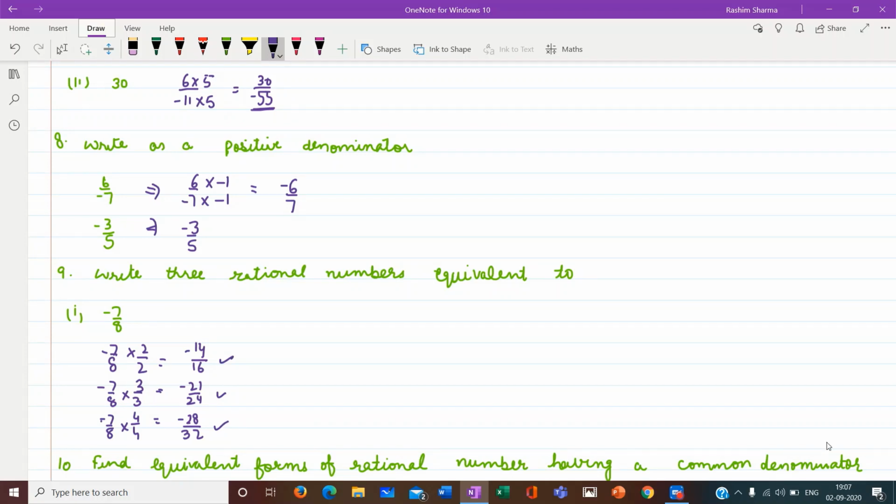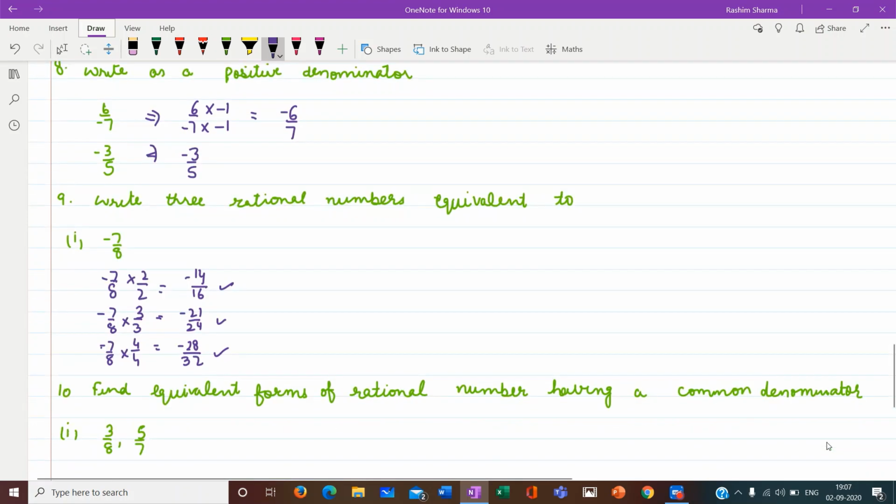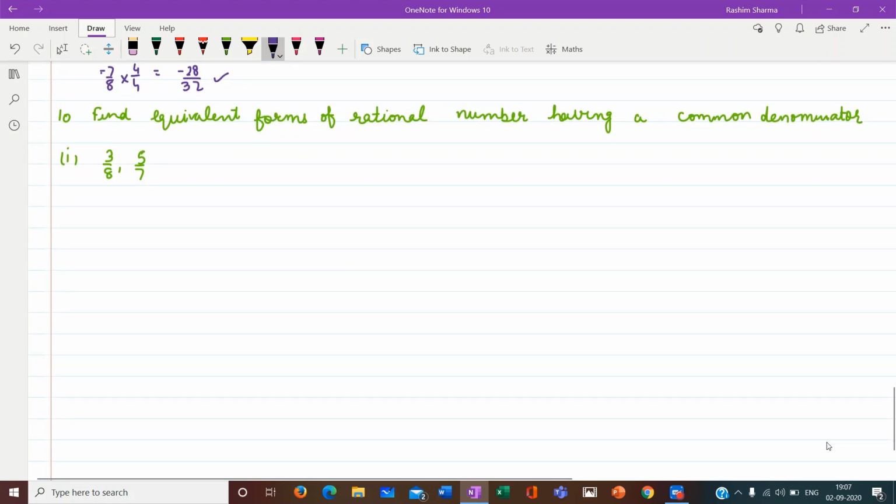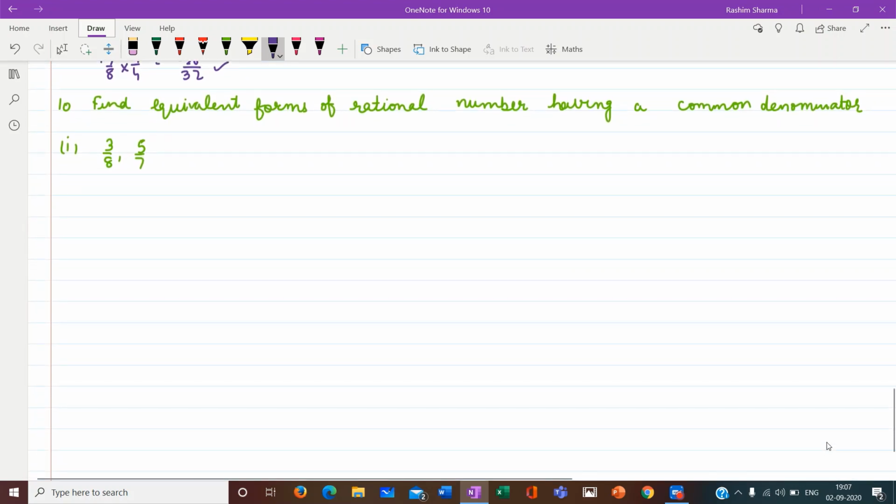Now let us start with question number 10. Find equivalent forms of rational numbers having a common denominator for numbers 3 on 8 and 5 on 7. Now we want a common denominator. Here we can see 8 and 7. So we do not have any common divisor of these two numbers. So what we will have to do, we will have to take LCM of denominators. Alright. So we will take LCM of 8 and 7.